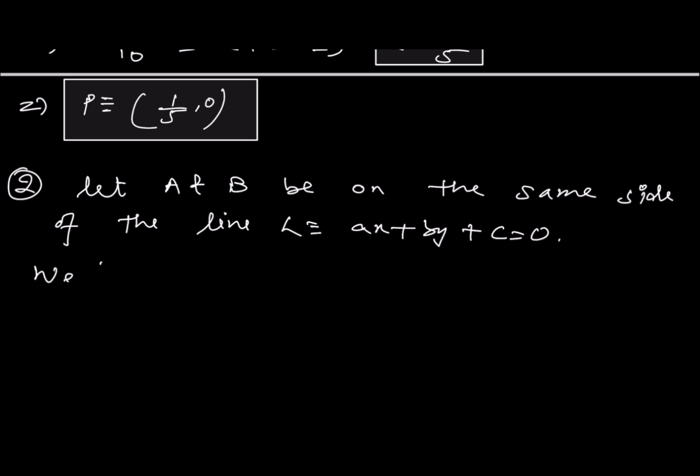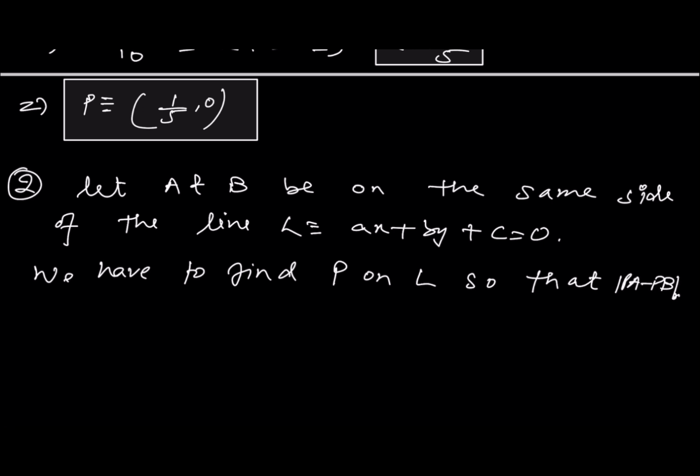Now we have to find P on L so that mod of PA minus PB is maximum. Okay, so you also know PA minus PB is maximum when P, A and B are collinear, which is equal to AB.